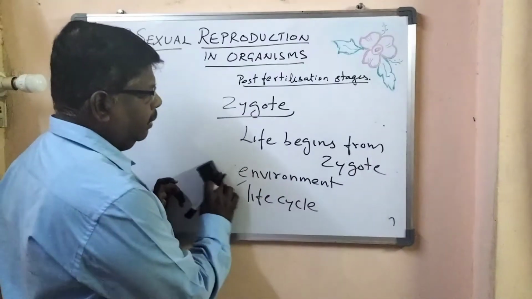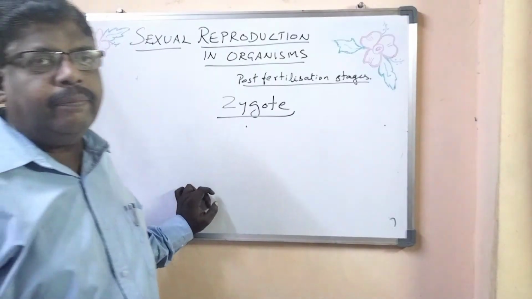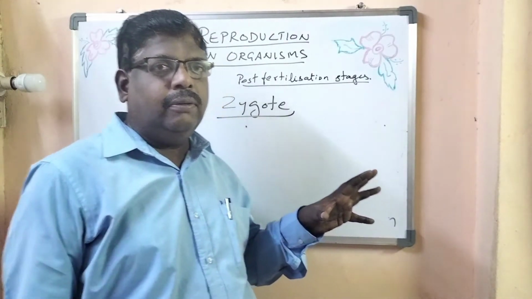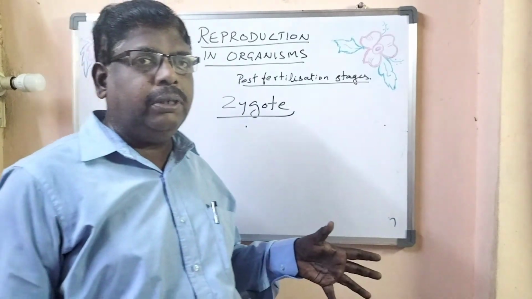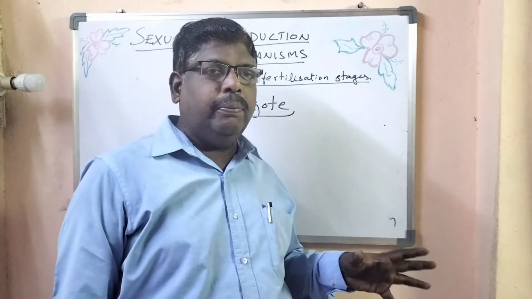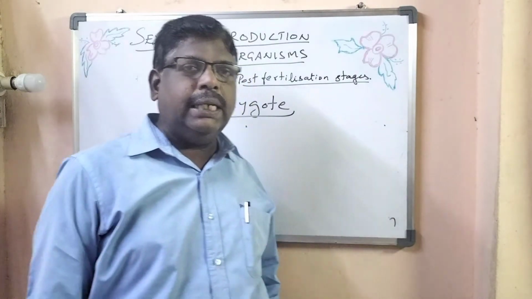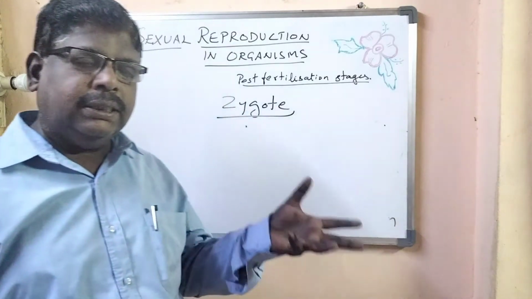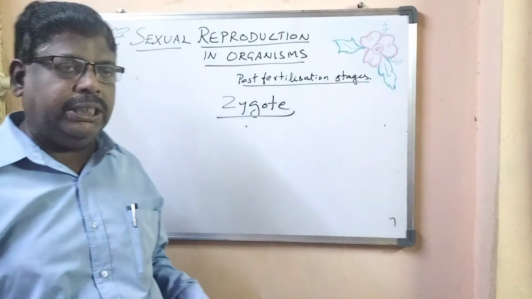In algae and fungi, the zygote will have a protective coat, a thick wall, that will protect the developing embryo from desiccation and damage. When favorable conditions arise, they will start growing. Till then, it will be in the resting stage.